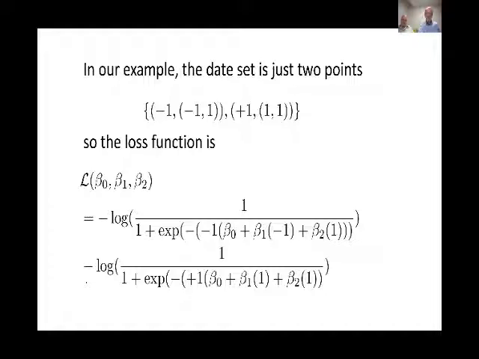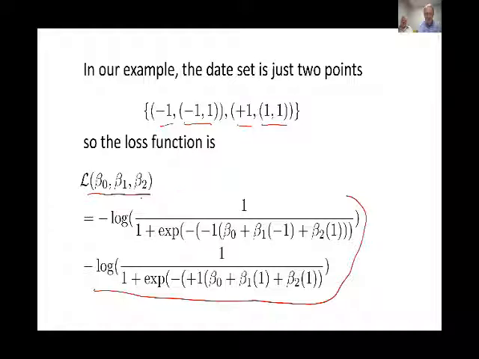So let's see what we get now in our case here. We have just 2 points, with labels -1 and +1. And so the loss function here has 3 variables, beta 0, beta 1, and beta 2. I've written it out here in great detail.